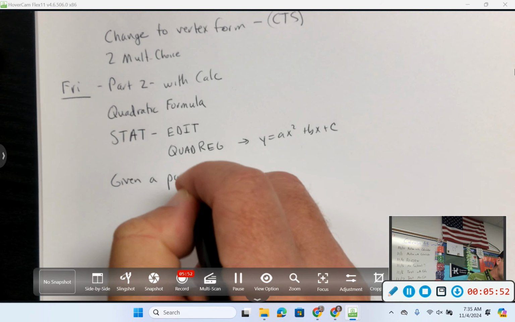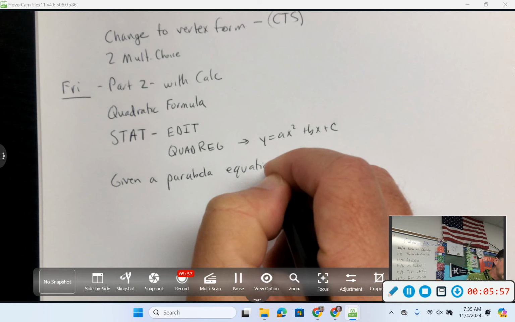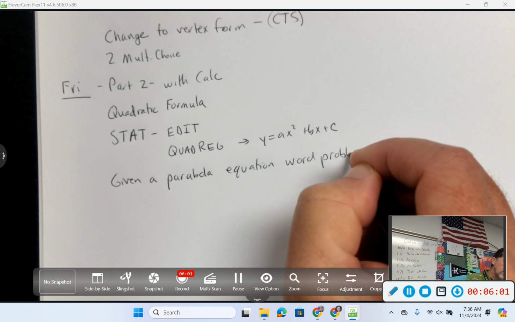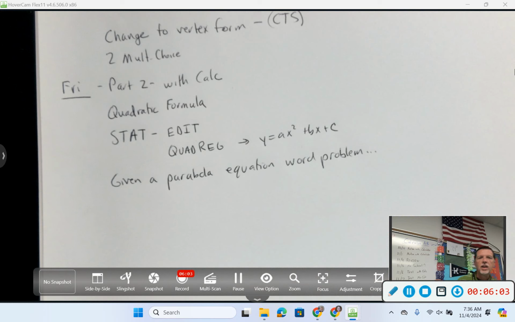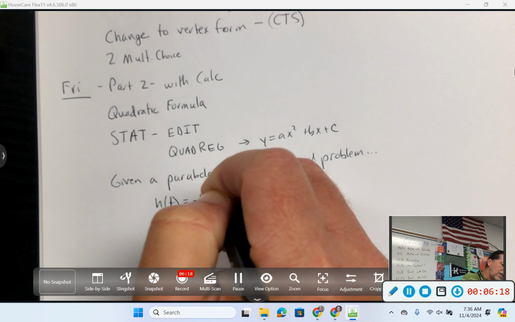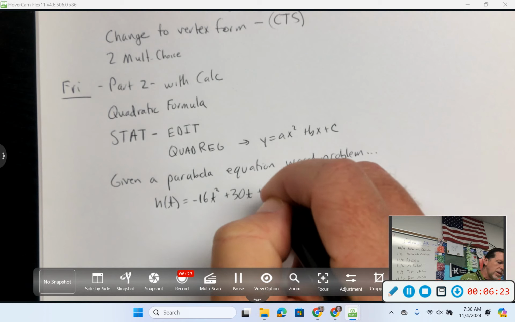And then lastly, given a parabola equation word problem. This one has like 6 parts to it. And it's one of those height problems. In fact, I can make one up because I know what they look like. Negative 16t squared plus 30t plus 10.